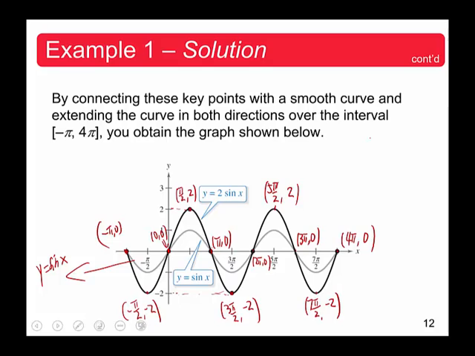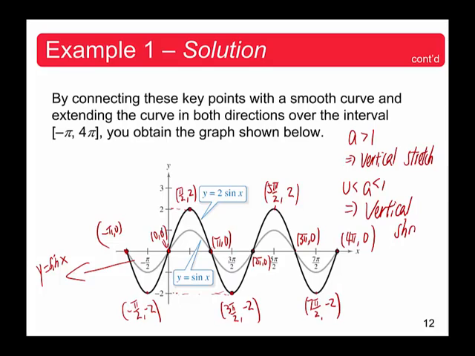So when the coefficient a becomes bigger than 1, then we have a vertical stretch. If a is between 0 and 1, we get a vertical shrink. Just like the similar concept when we talked about transformations back in chapter 2.